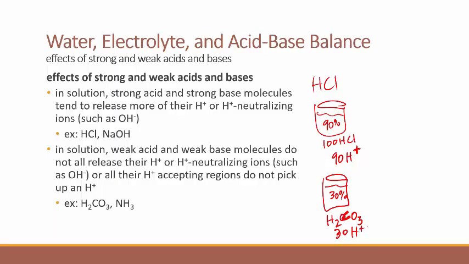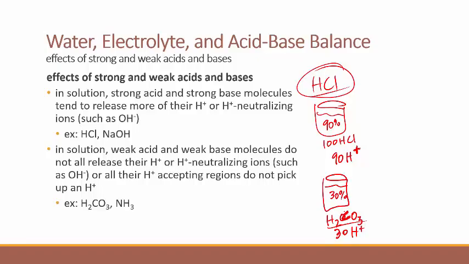That's the idea of a strong acid versus a weak acid. Strong acids have way more of their molecules that will break apart and release a hydrogen ion, while weak acids tend to have way fewer of their molecules releasing hydrogen ions. So strong acids versus weak acids.